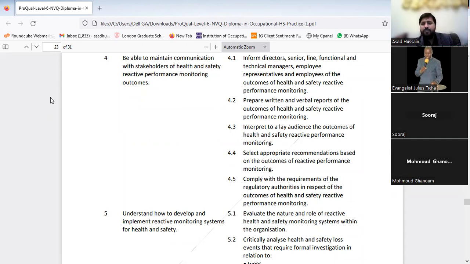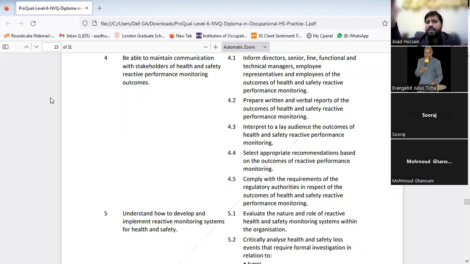So in 4.5, comply with the requirements of the regulatory authorities in respect of the outcomes of health and safety reactive performance monitoring. In this regard, it is asking how you are managing the regulatory authorities, whatever authority you have in your area, or with respect to what your organization and workplace are performing.